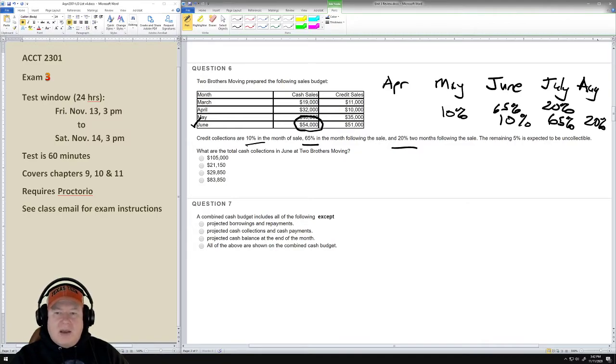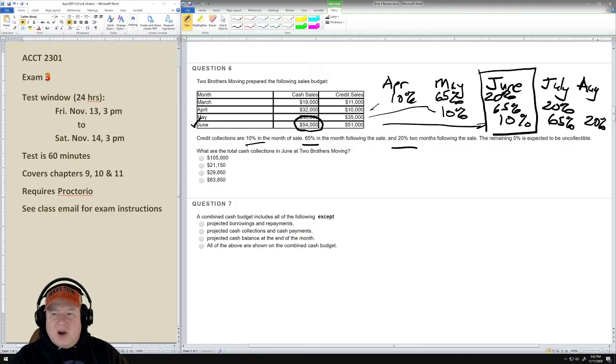And if I go back to April's, 10% of the credit sales in April are collected in April, 65% is collected in May, and 20% is collected in June. So what we're concerned with is just this collection, right? It's going to be all of the cash collected in June, plus these percentages of the various months.